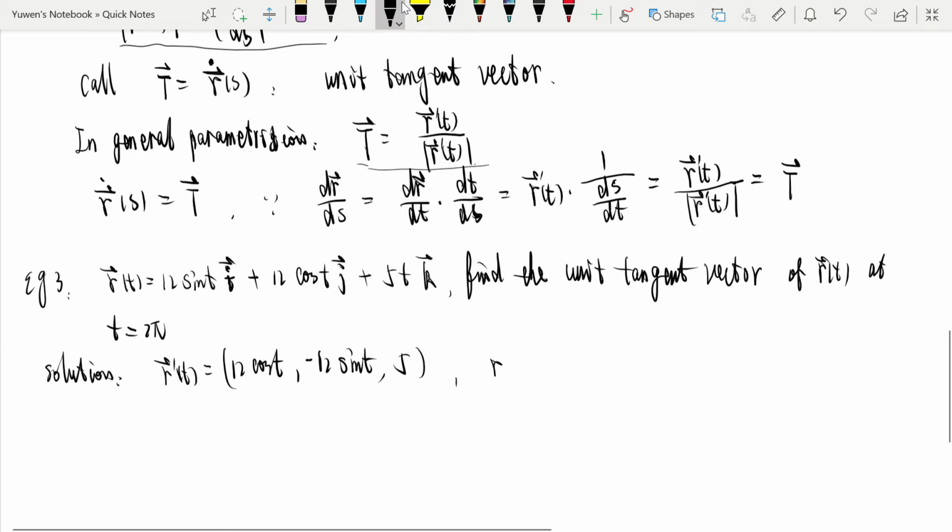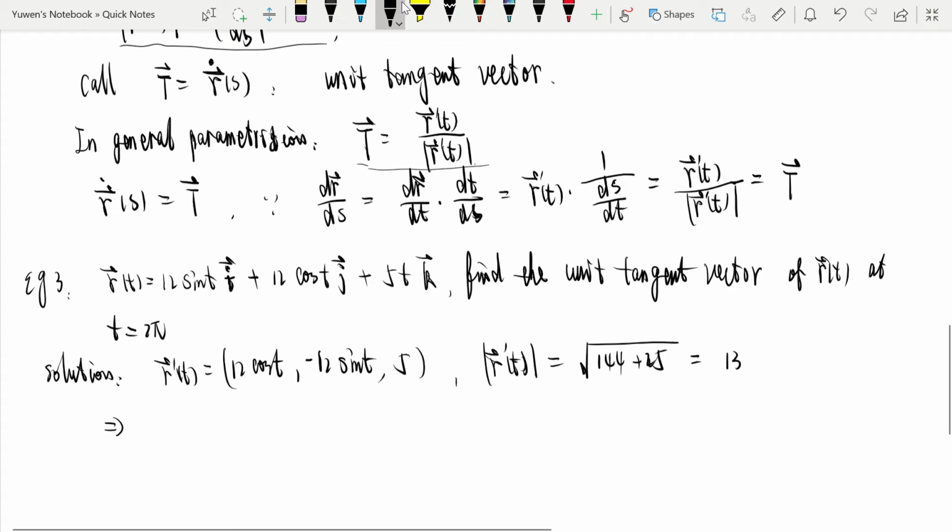So the length of r prime t is square root 144 plus 25. That is 13.